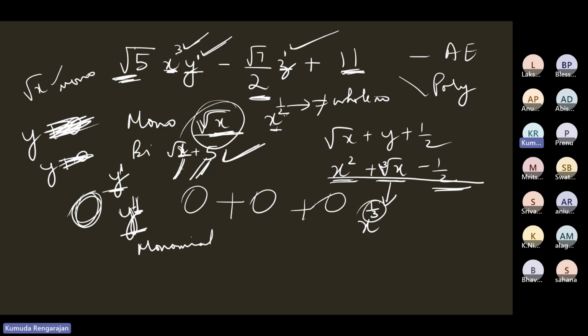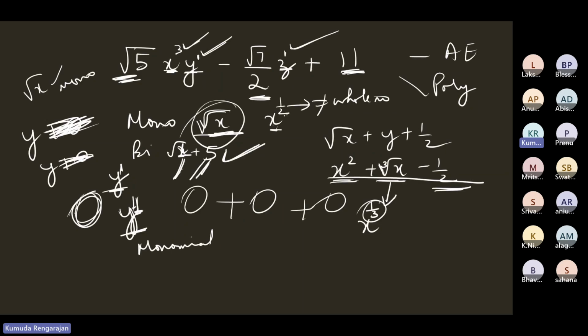So this is about polynomial, monomial, binomial, and trinomial. Algebraic expression, of course, you understood in the first place. Now this is about the number of terms. This is classification of polynomials based on the number of terms, like we classify triangles based on sides and angles.